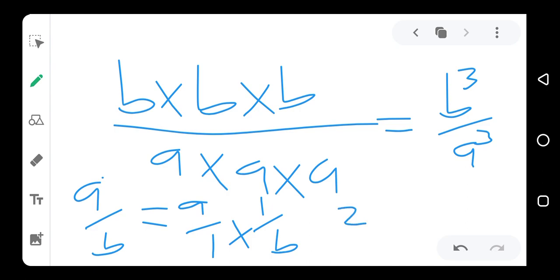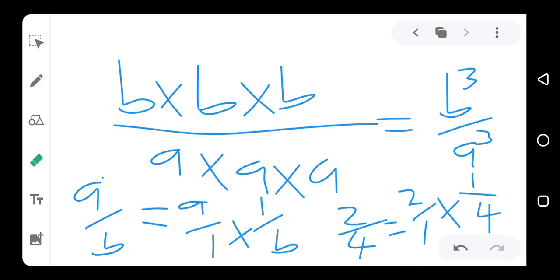So if you have 2 over 4, it is the same thing as saying the one on top, which is 2 divided by 1, then you separate the two of them by multiplication, times 1 divided by the one below, which is 1 over 4.